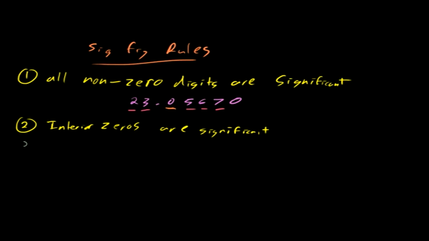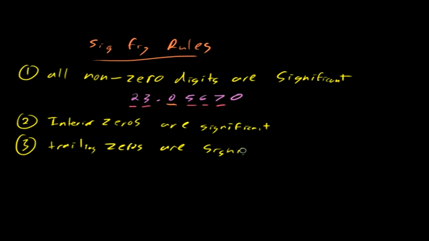The third rule is that trailing zeros are significant. Sorry, I'm still getting used to the pen. So this 0 at the end is also going to be significant.